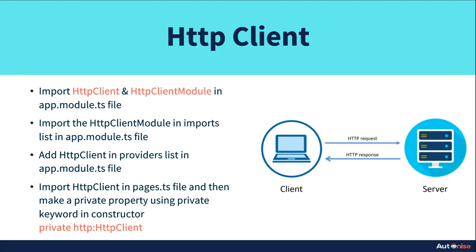And after that, create a private property inside the constructor using the private keyword, then the variable name, and then declare its type as HTTP client. And then you can use this variable name, like I have used http, to use the get method and then use subscribe to fetch the data from anywhere on the server.